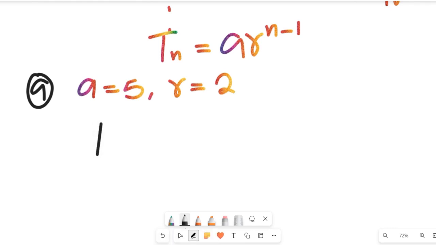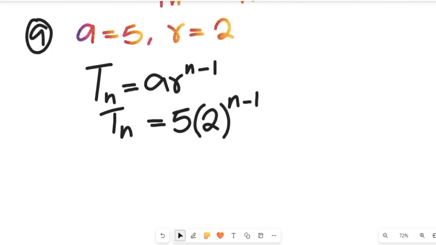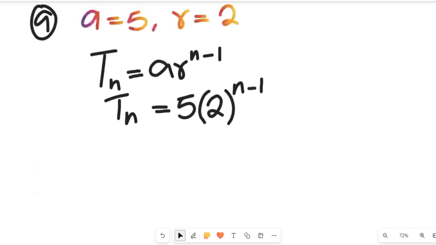The nth term, Tn, is equal to AR^(n-1). So that will make our nth term, Tn, equal to 5 multiplied by 2^(n-1). And this remains the nth term of that geometric progression.